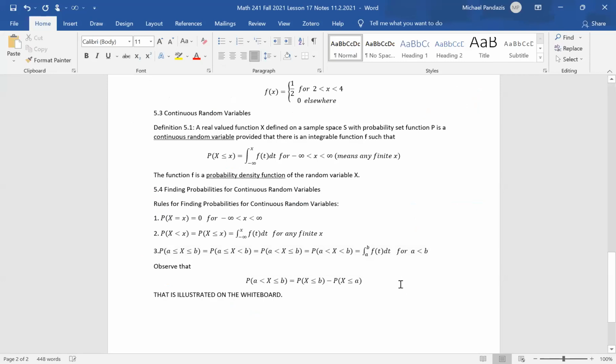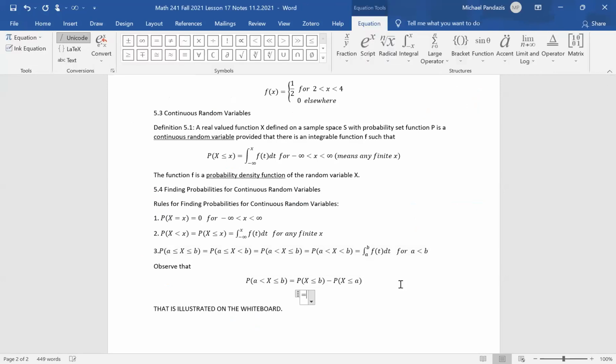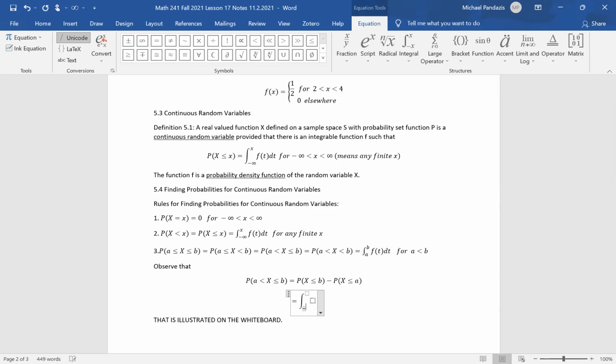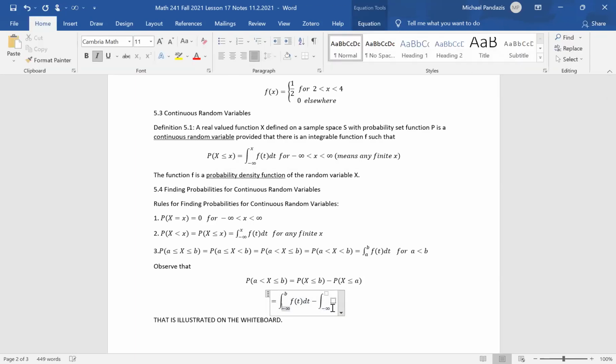Okay, so let's keep going. The first probability, the probability that capital X is at most b, is the integral from negative infinity to b of f of t dt. But now we're going to subtract the other probability, the integral from negative infinity to a of f of t dt.